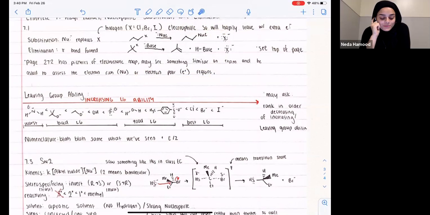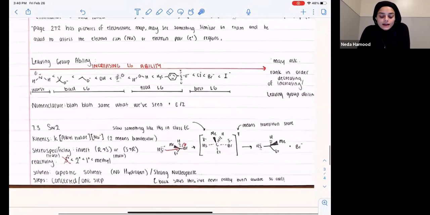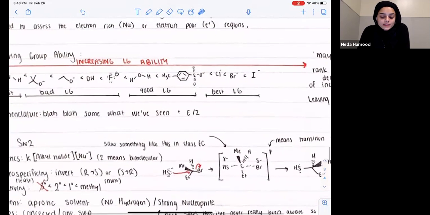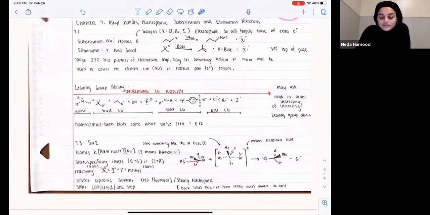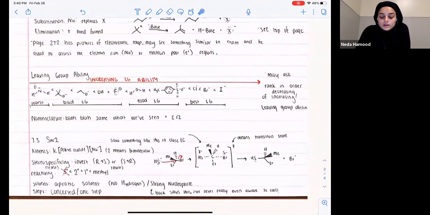Okay, so over here, this is leaving group ability. You can kind of understand what's happening here. Iodine is larger than bromine, which is larger than chlorine, which is why iodine is a better leaving group than the other two. He could most definitely ask a question saying rank in order of increasing leaving group ability.